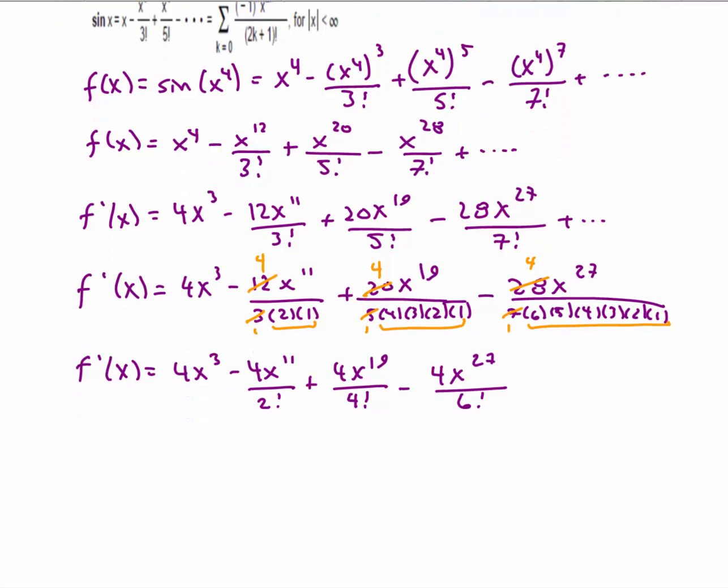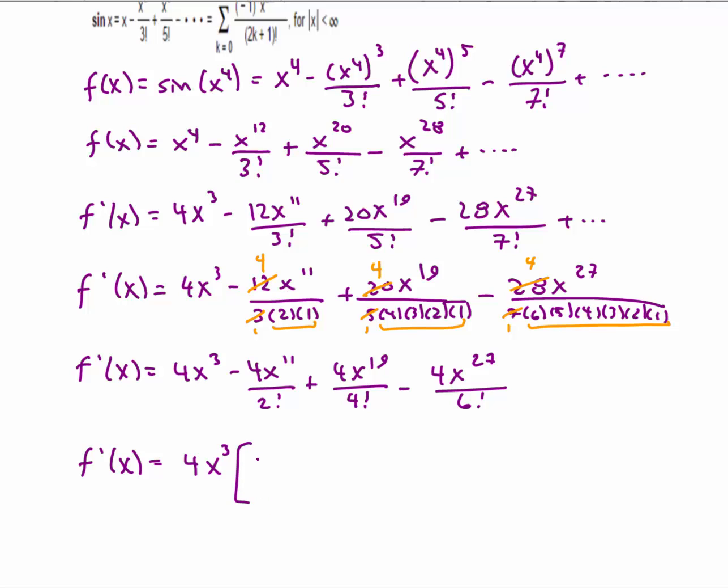Now if I would have divided out more than just the first term, I wouldn't have been left with this nice pattern in the denominator. So what I can do from here is I can keep simplifying and then try and write this in series notation to try and figure out what this matches. So I notice there's a 4 that's constant and there's also an x cubed that's constant to each term.